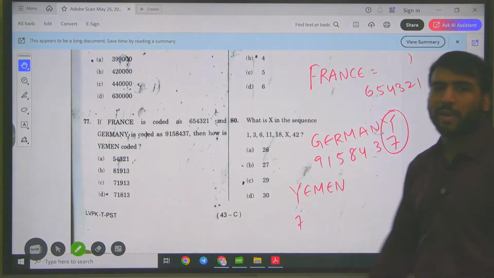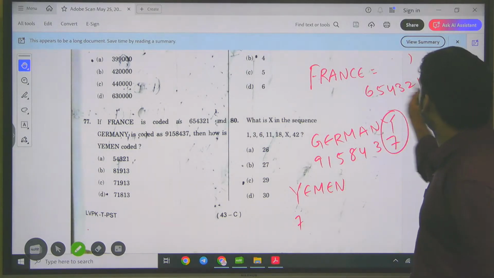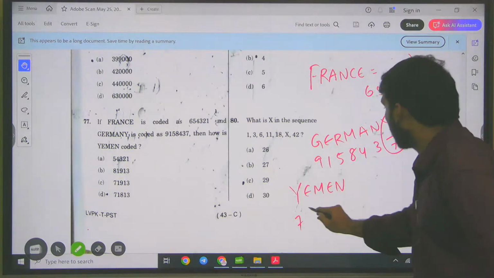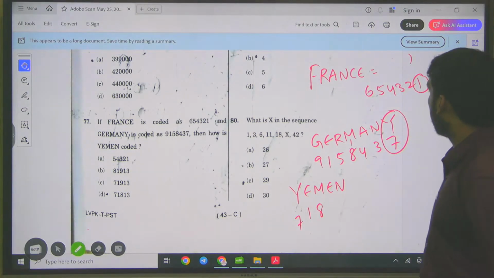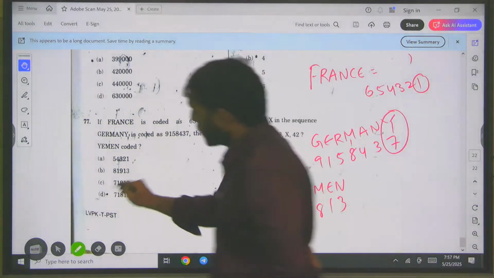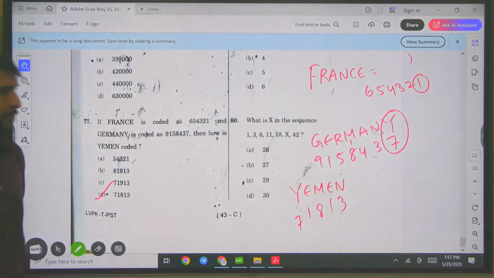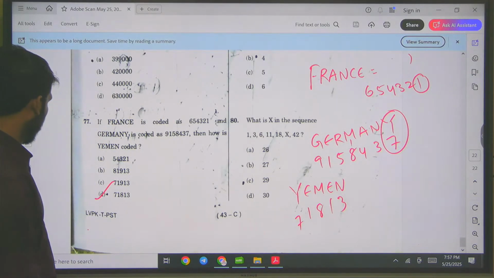Directly we can substitute. E is 1. M is direct substitution, 8. E is 1. N is 3. 71813.